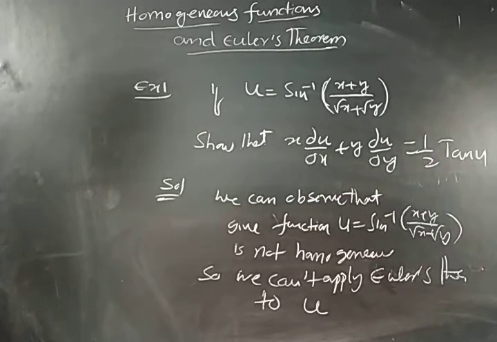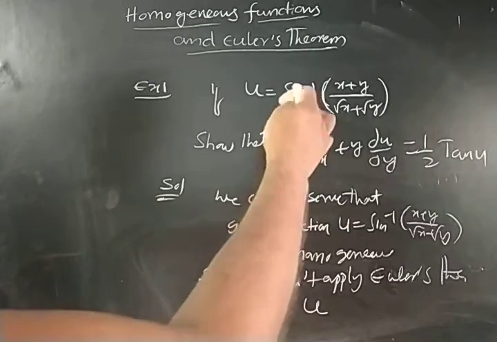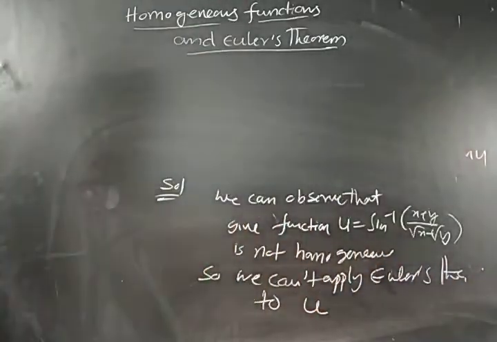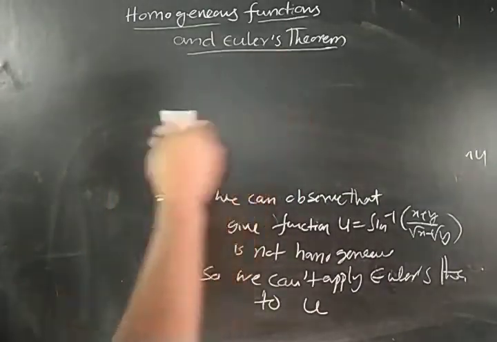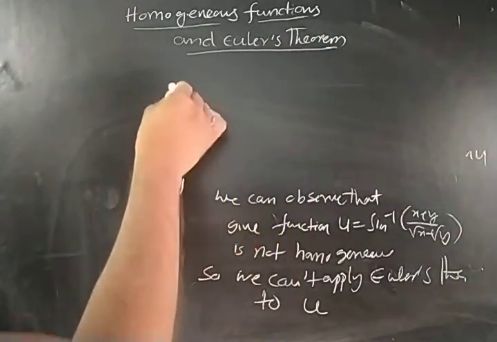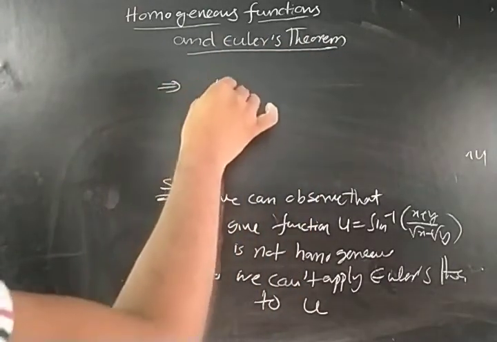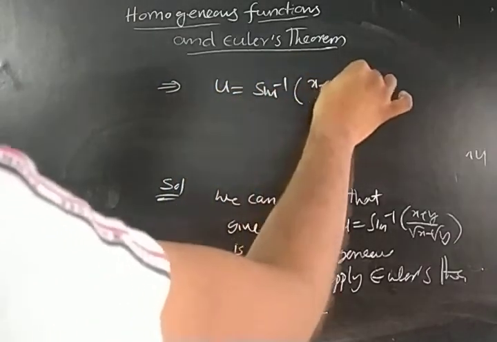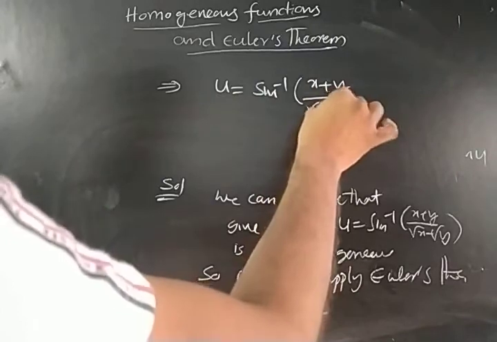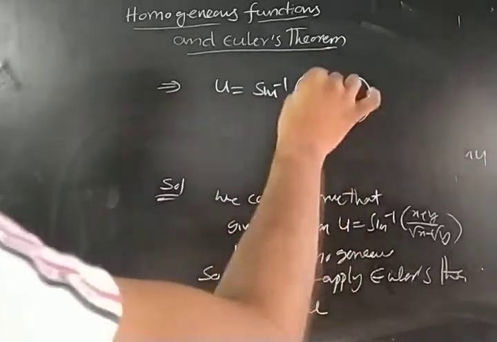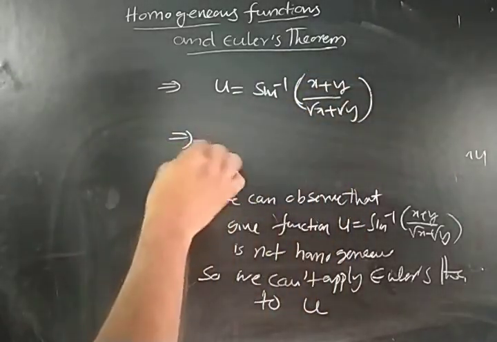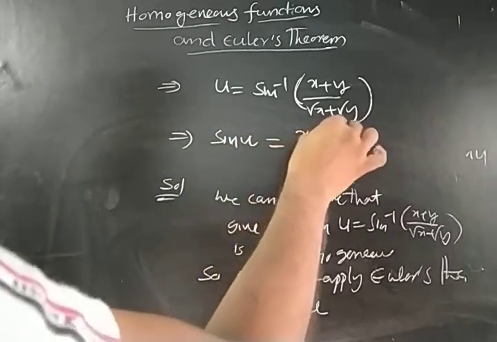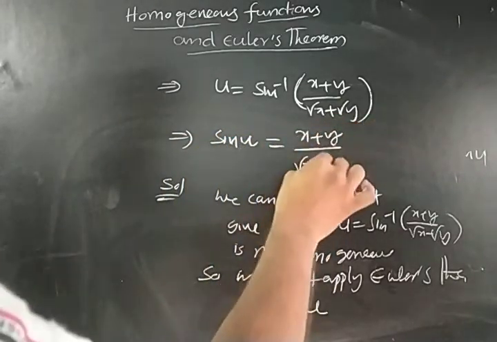So what I am doing here is taking sin inverse to the left hand side. After bringing sin inverse to the other side, sin u is equal to (x plus y) by (root x plus root y).